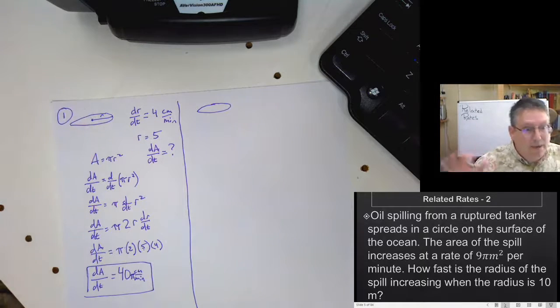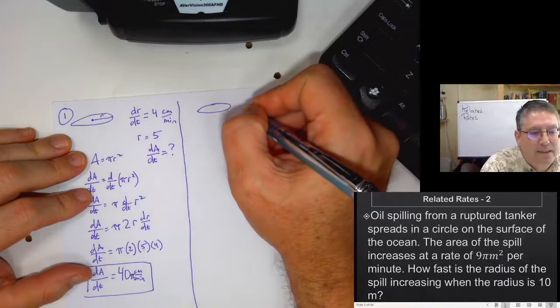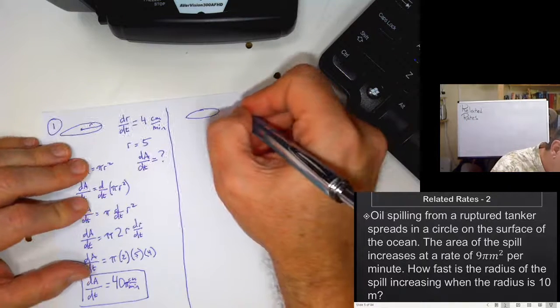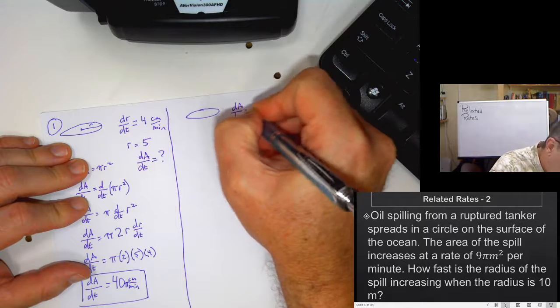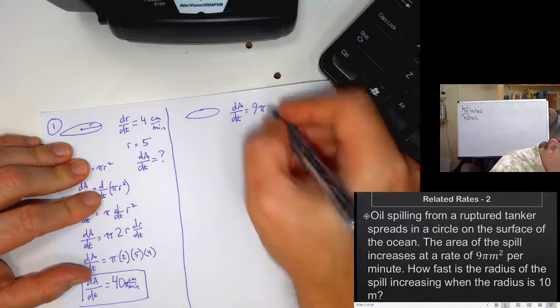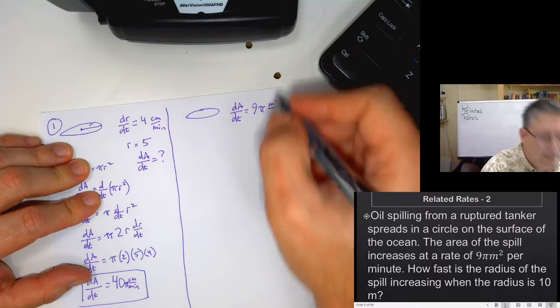That must be our rate of change, right? 9 pi square meters per minute. So dA/dt equals 9 pi square meters per minute.